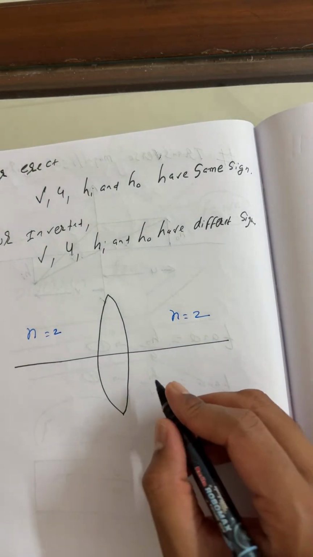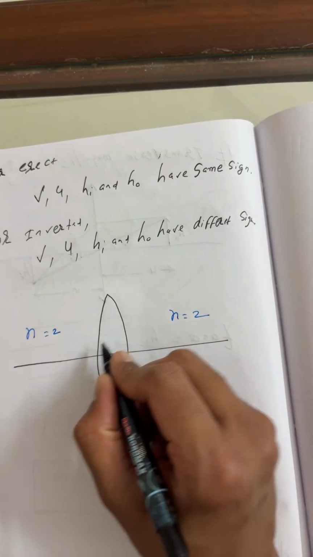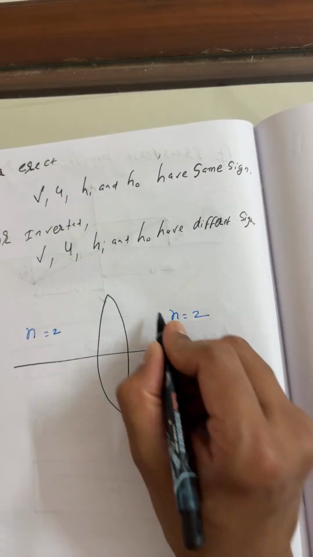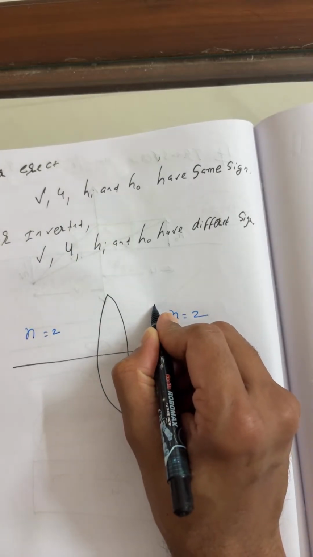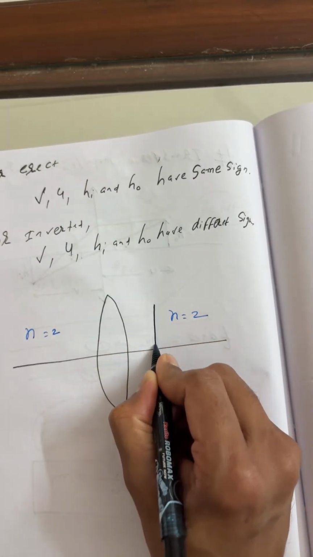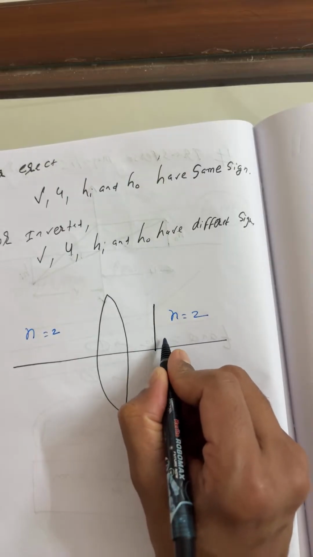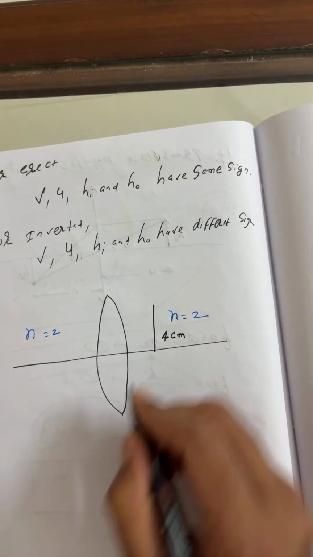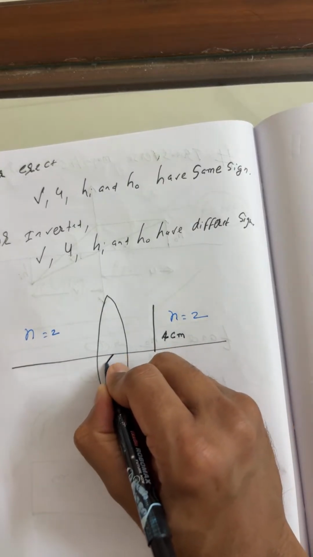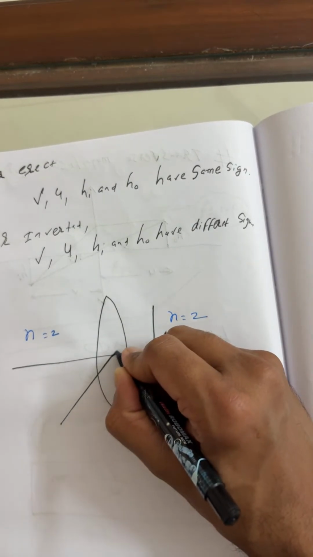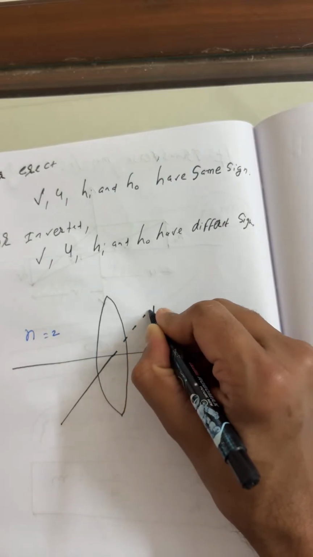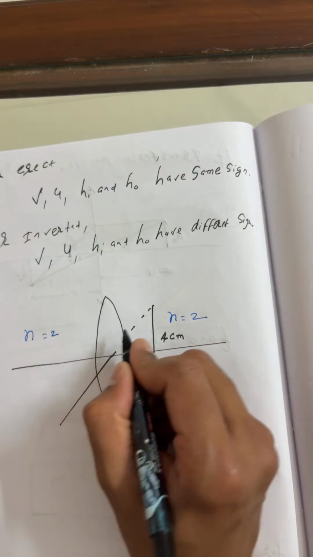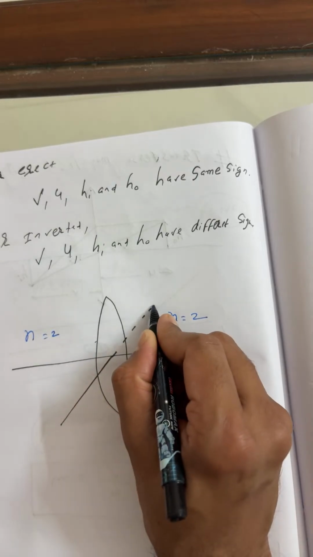Here I'm considering rays coming from infinity. Initially I'm considering the height of the object to be 4 centimeter, and it's a virtual object, my dear.